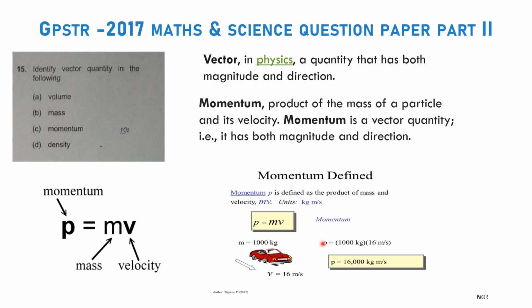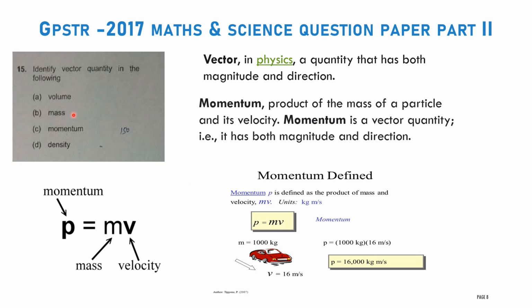Momentum is mass into velocity: 1000 kg times 16 meters per second gives 16,000 kg meter per second, and it also shows the direction in which the car is moving. This 16,000 is the magnitude, and it also shows direction. Therefore, it is a vector quantity.